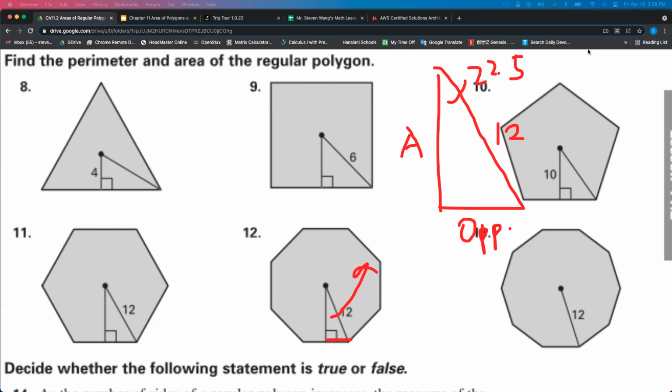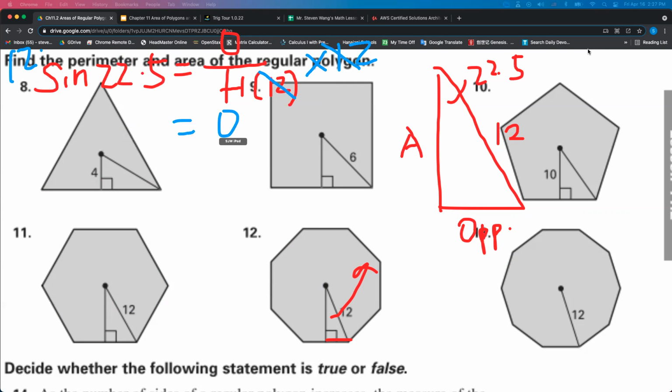Now we're going to use SOHCAHTOA. Sine of 22.5 degrees equals opposite over hypotenuse, which is 12. To simplify that, we multiply by 12 on both sides, so the 12 cancels. I have my opposite equals 12 times sine of 22.5 degrees.